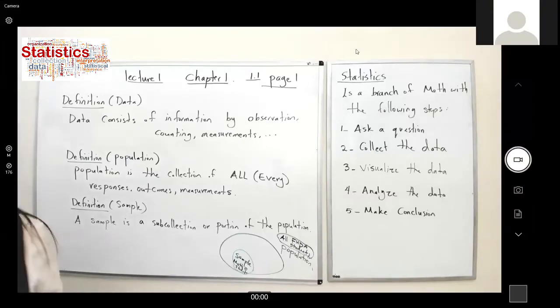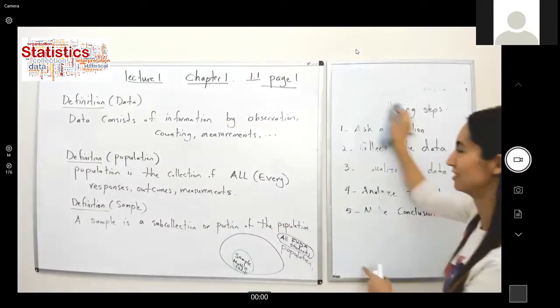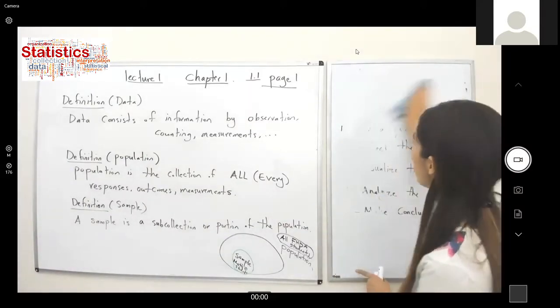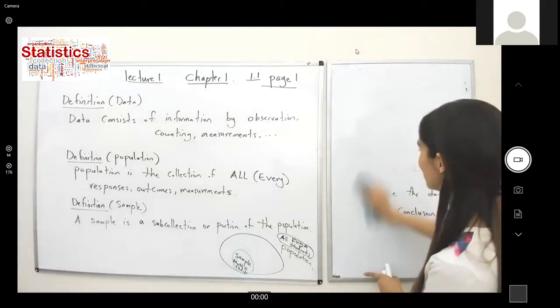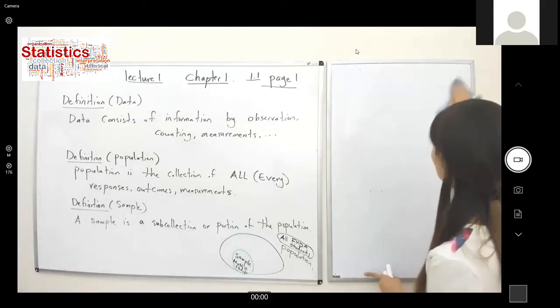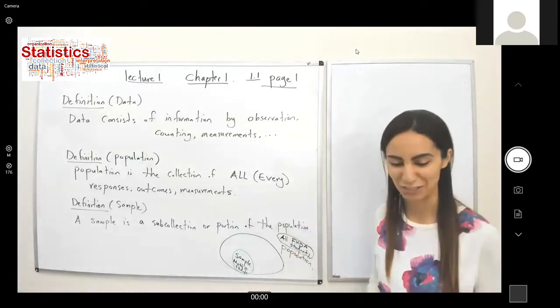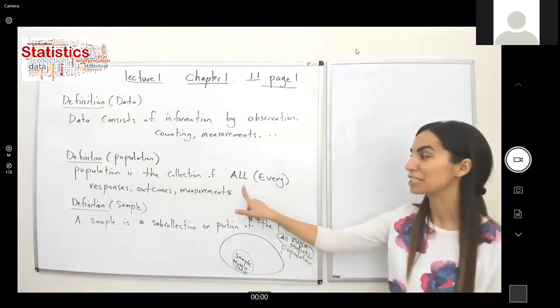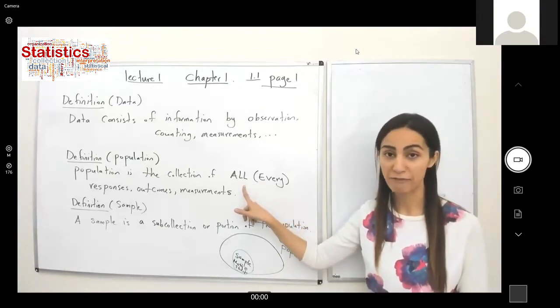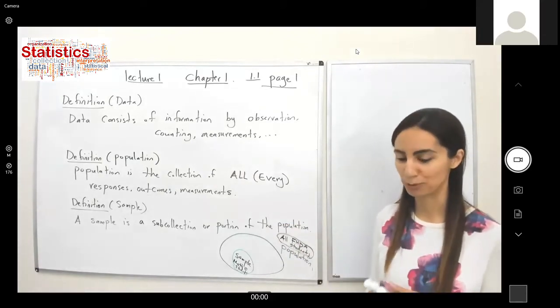In this example, here you have all small business owners in the United States. So remember the keyword for your population. When you see the keyword all, every, it means that you are working with your population.